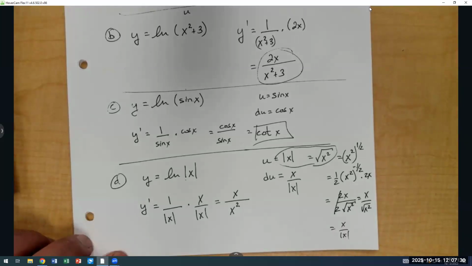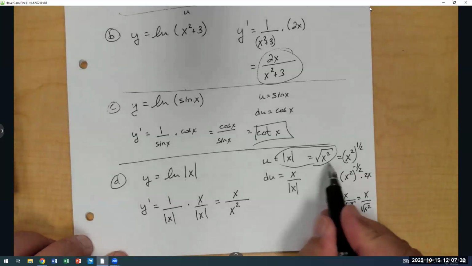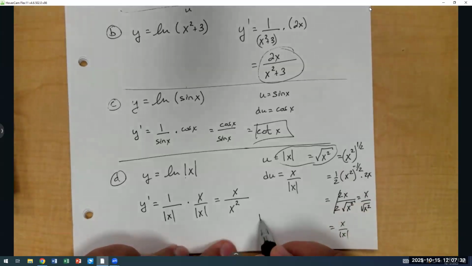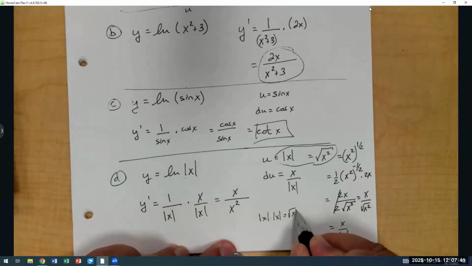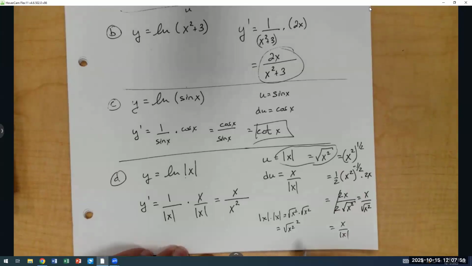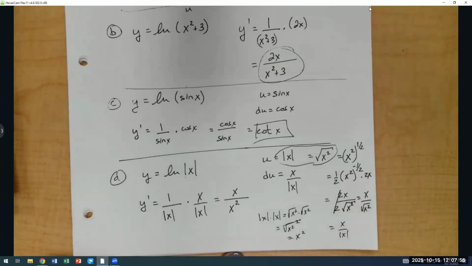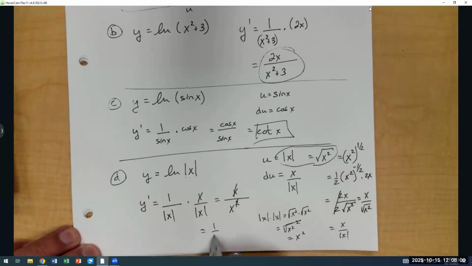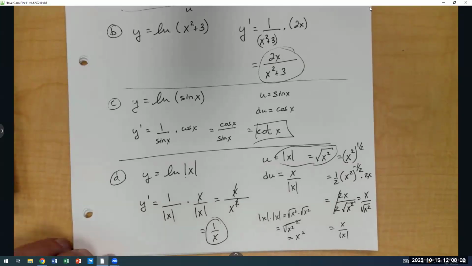From this reasoning here, if we have absolute value of x times absolute value of x, that's square root of x squared times square root of x squared, which makes it square root of x squared squared. Those cancel, leaving us with x squared. Which leaves us with a derivative of 1 over x.